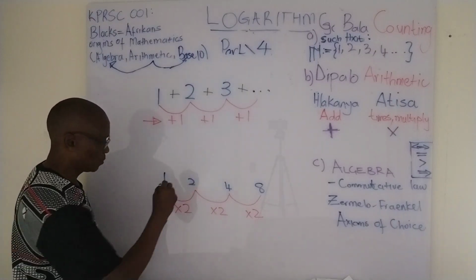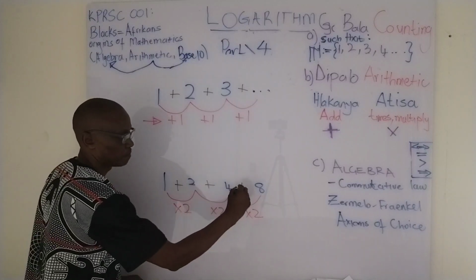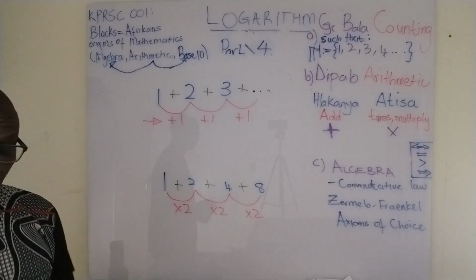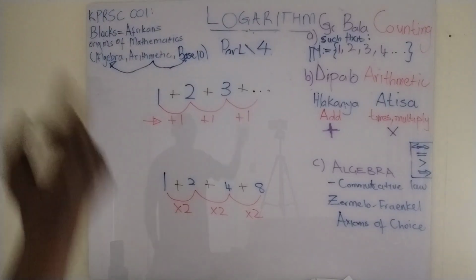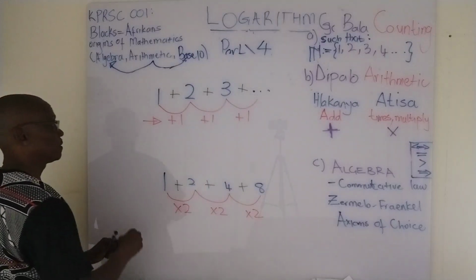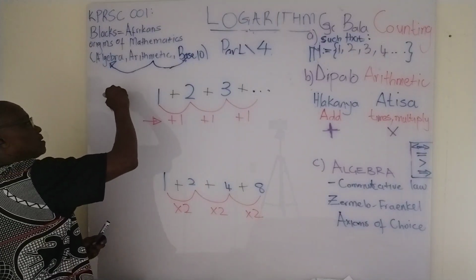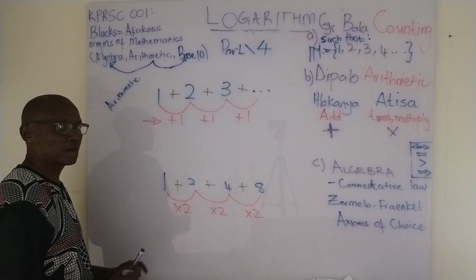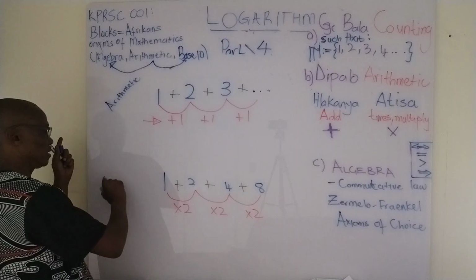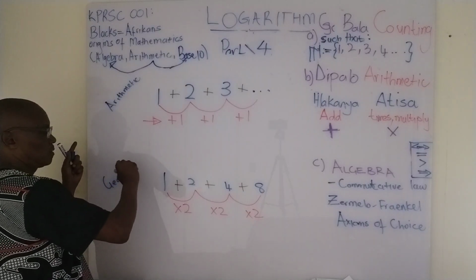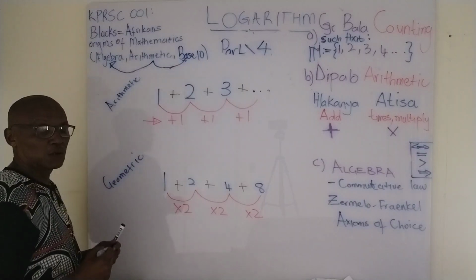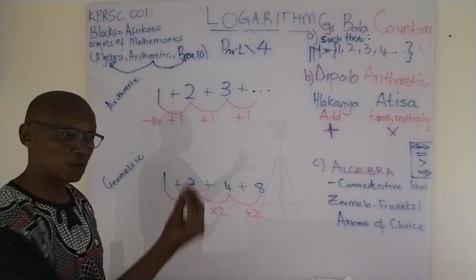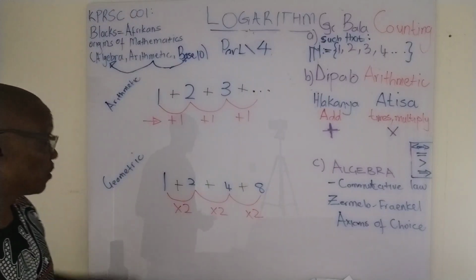And I can choose to add them. That's what I mean in the previous part 3, that this is an arithmetic series. If you teach counting this way, without even saying these big words that I'm writing now, you'll essentially be teaching geometric and arithmetic sequences and series to a baby, without saying these words.